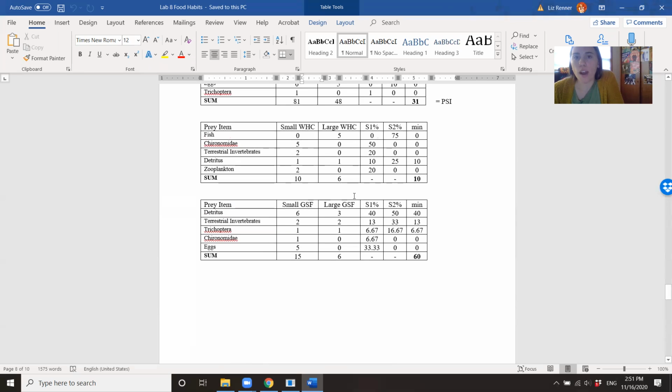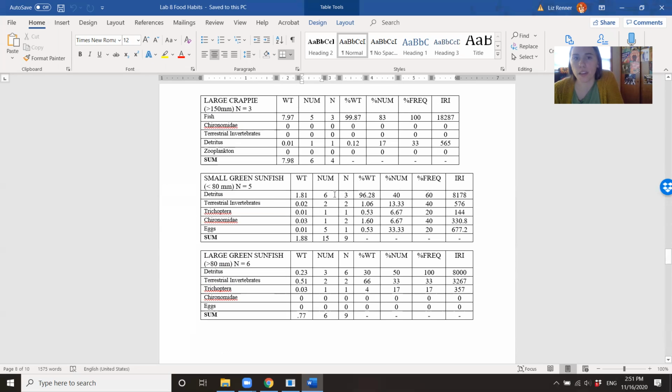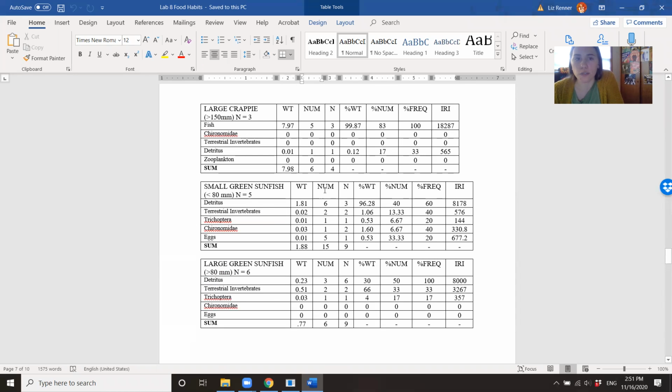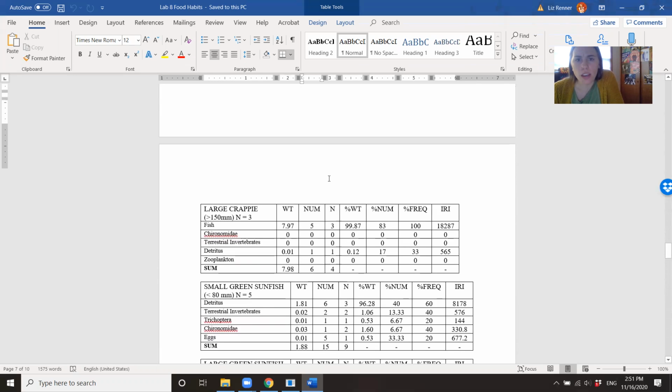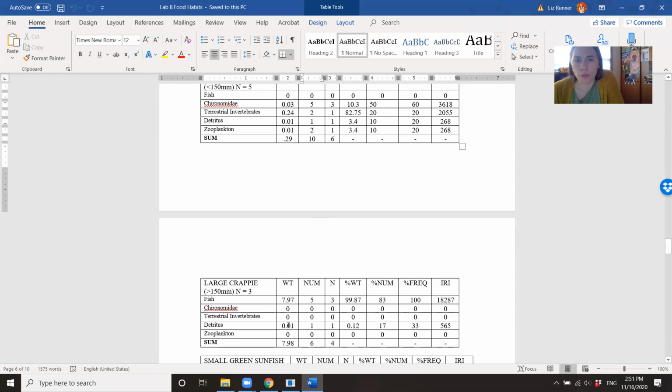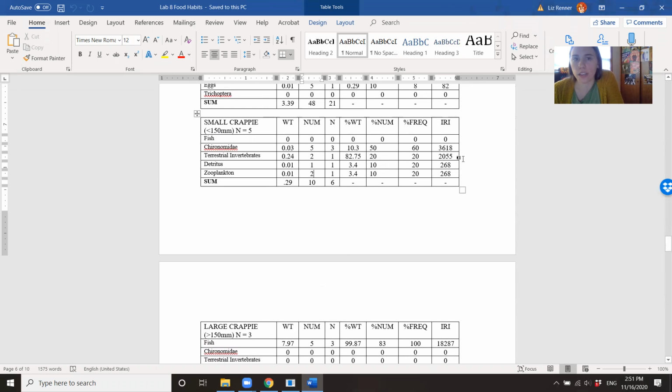For the crappie, we see small crappie have just a little bit of detritus in them. Here's the PSI, but especially the IRI shows this. With the crappie, they're really low in terms of the weight consumed and the percent number, so they've got pretty low indexes of relative importance, in the grand scheme of things, 268 compared to 2055 or 3618.